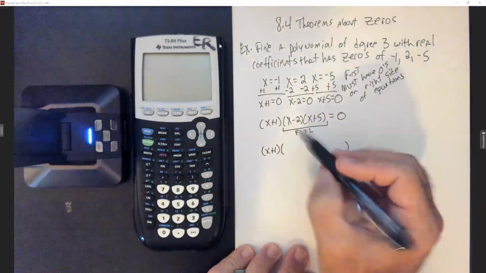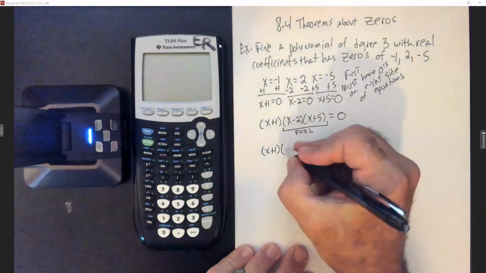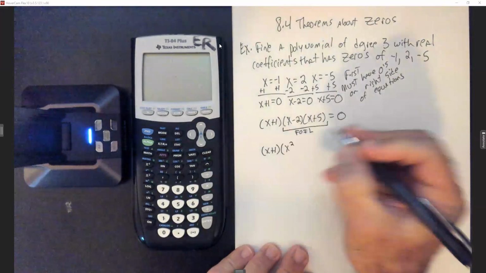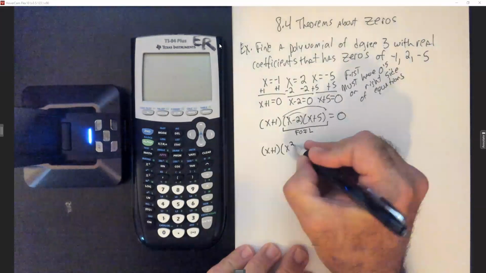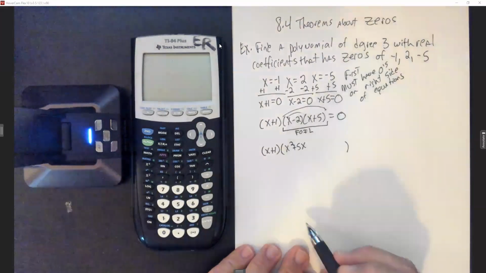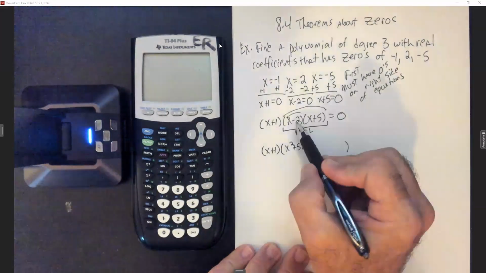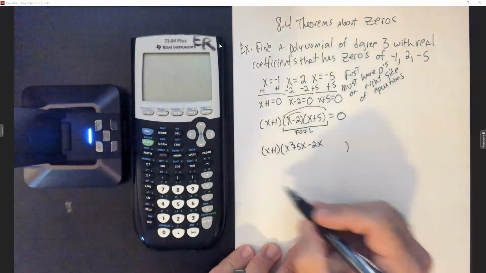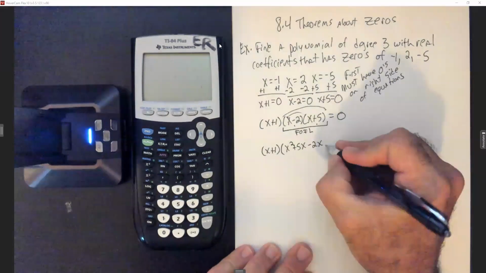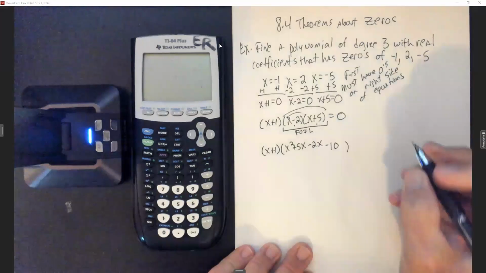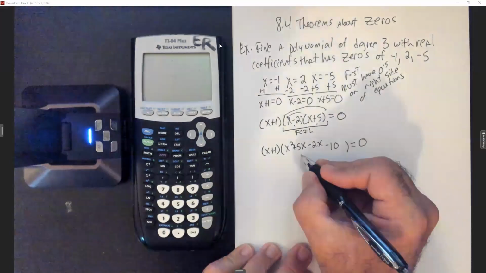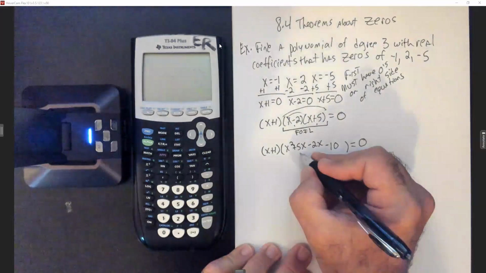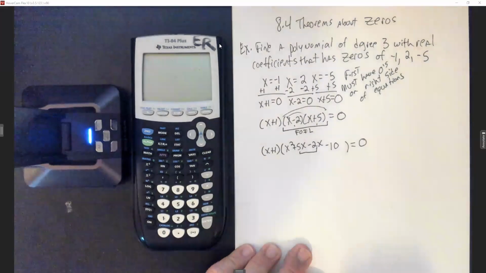So x times x would be an x squared. X times 5 would be a 5x. -2 times x is a -2x. And then -2 times 5 is a -10. All this is still equal to 0. And y'all, if you notice one more thing, before I multiply again, I can add like terms in this.